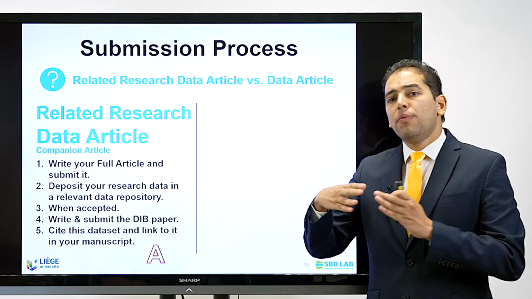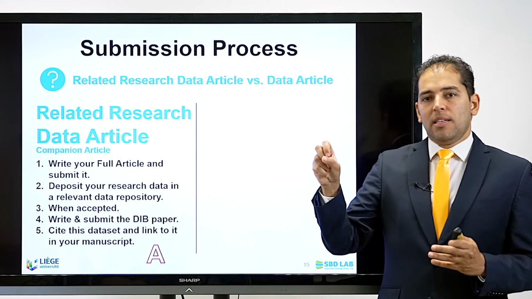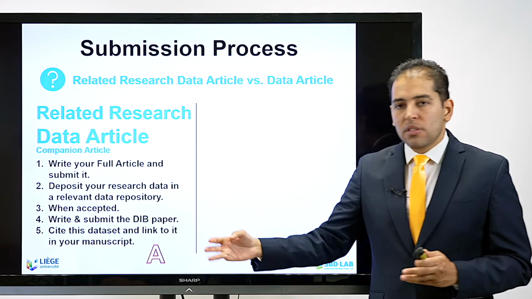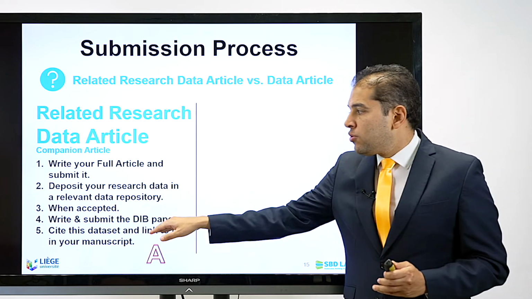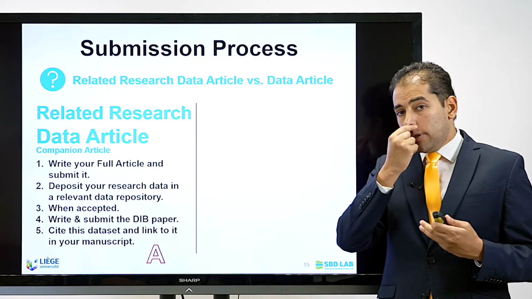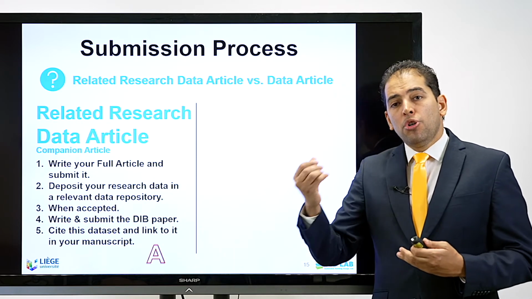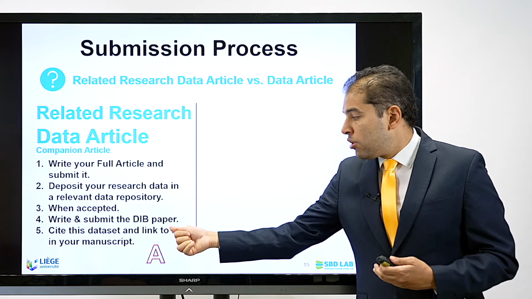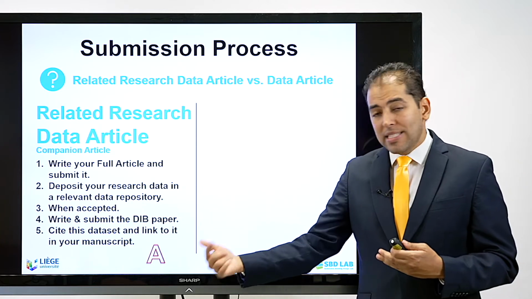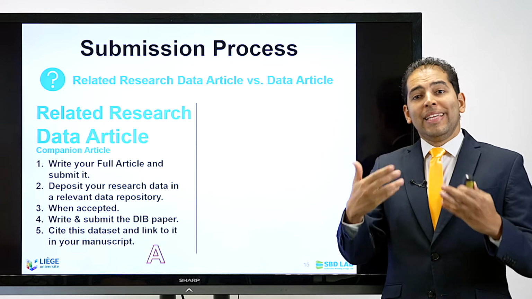You have deposited the research data in a relevant repository, and when your full article, where you talk about the results of your analysis, is accepted, you can write and submit your data article to the journal Data in Brief, cite this data set, and link your full article to your new data article.